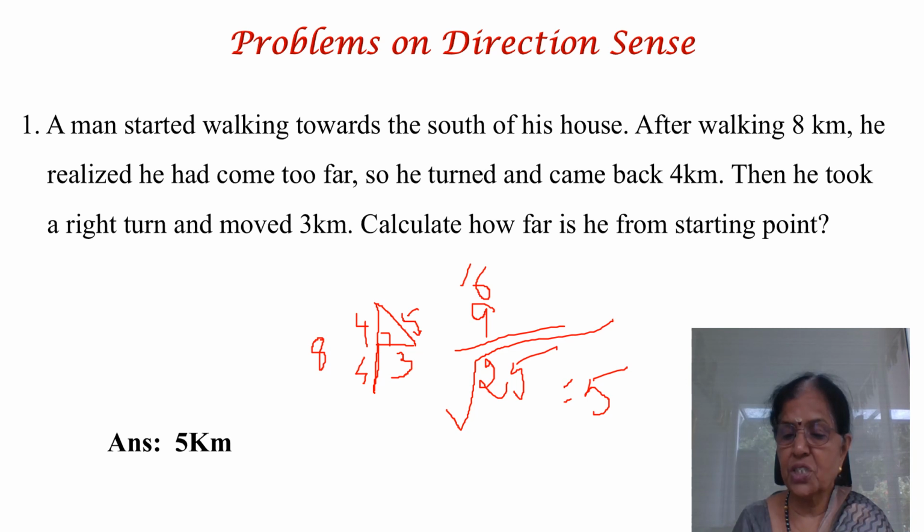We want h. So the square root of h square is 5. So how far is he from the starting point? He started from here and traveled south. So this is the starting point, this is the end point. So we are calculating the hypotenuse, which is equal to 5 kilometers. The answer is 5 kilometers, right?